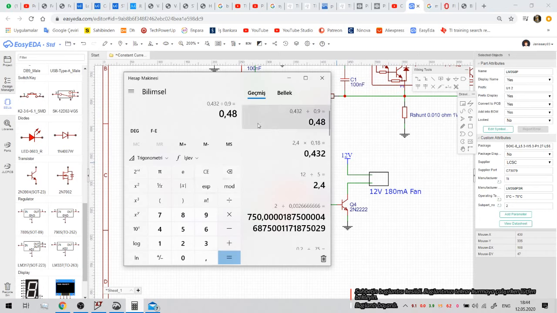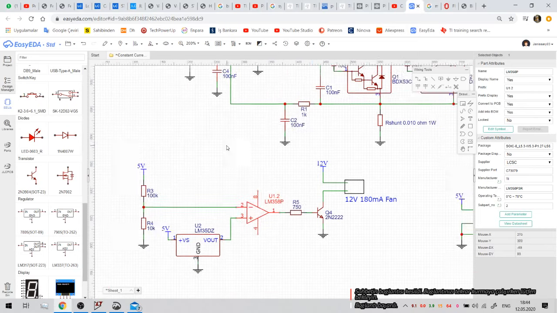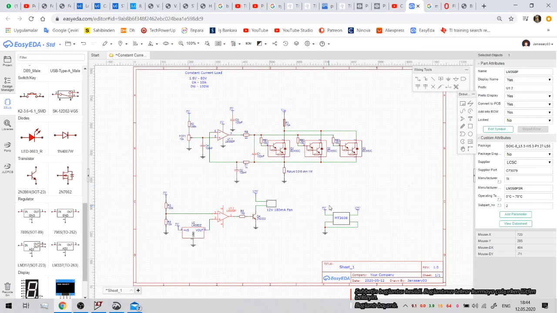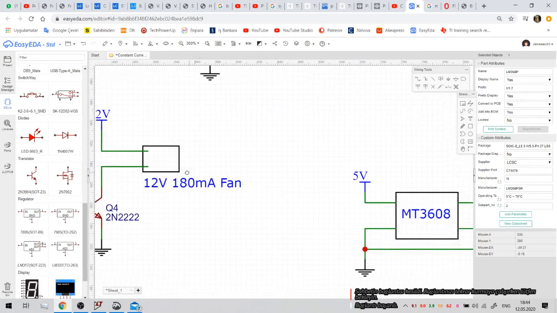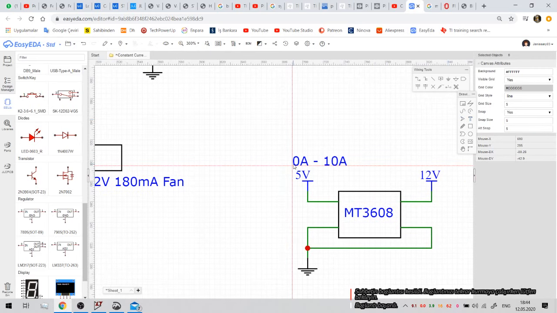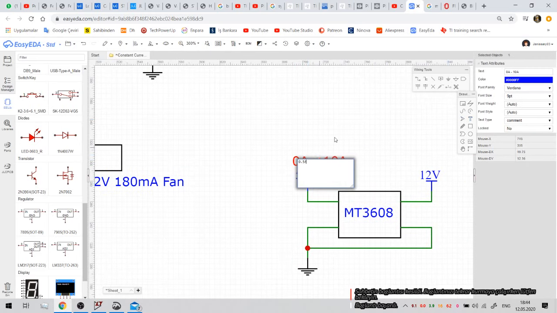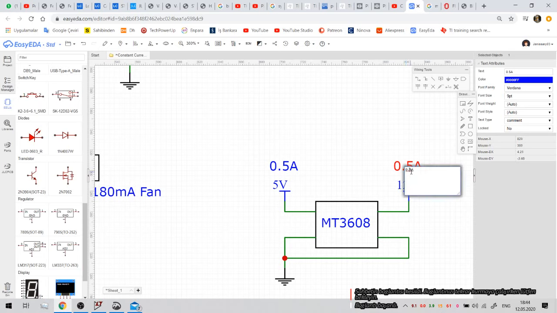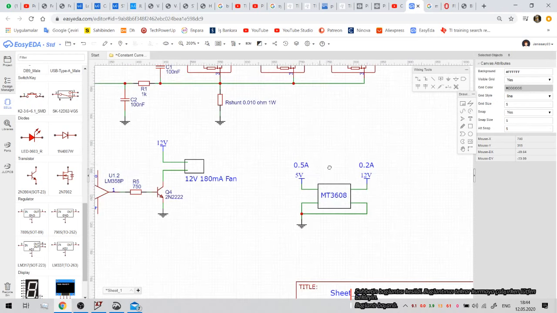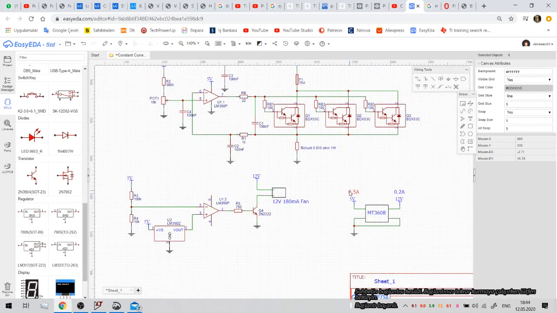I can say a total of 0.02 up to 0.5 amp power needed. So 0.5 amp current needed maximum for this circuit. I can say 0.5 amp here, 0.2 amp here.